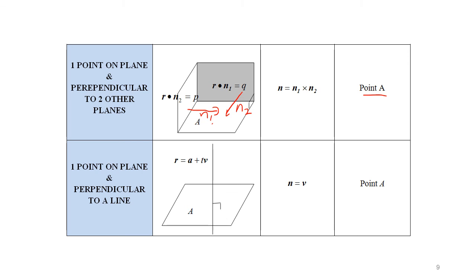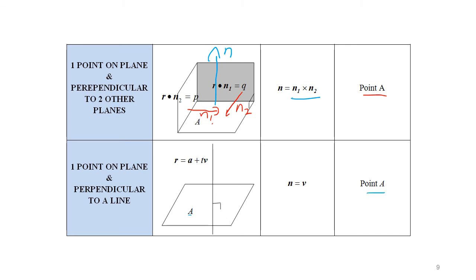So when we do cross product of these two normals, we will get our N. So our N will be the cross product between N1 and N2. Okay, clear?